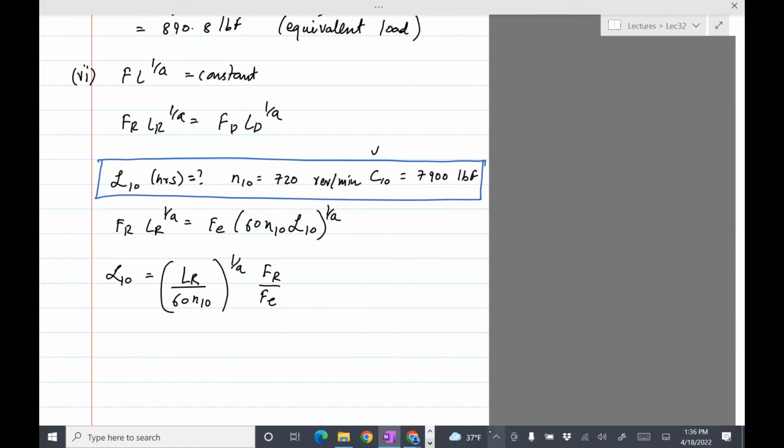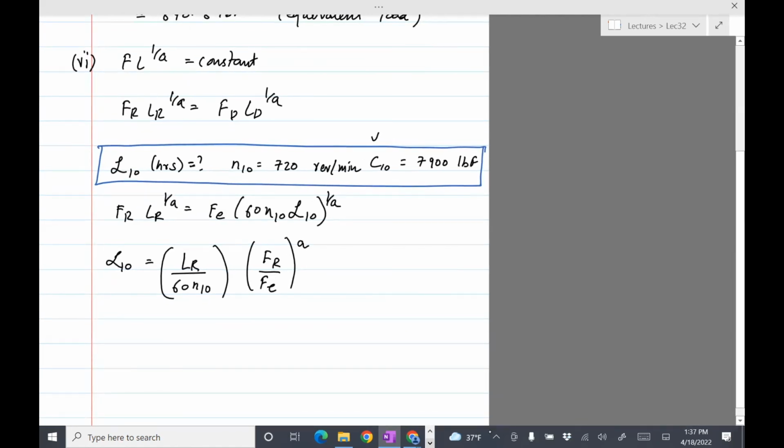I made a mistake here. So sorry about this. This should be, I'm going to pre-multiply both sides by 1 over A and then do the substitution. That looks right.